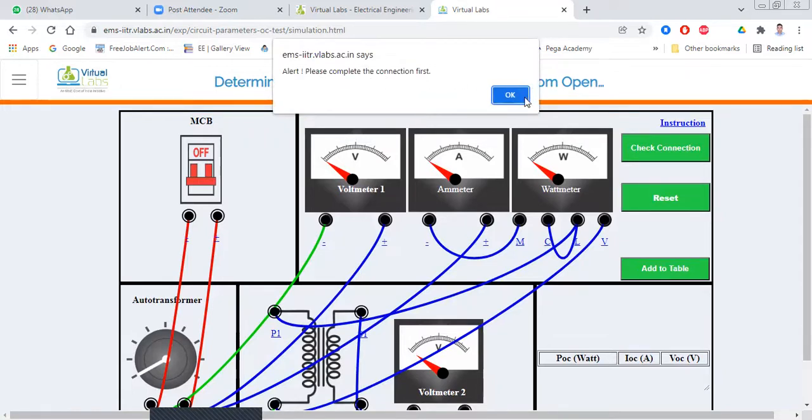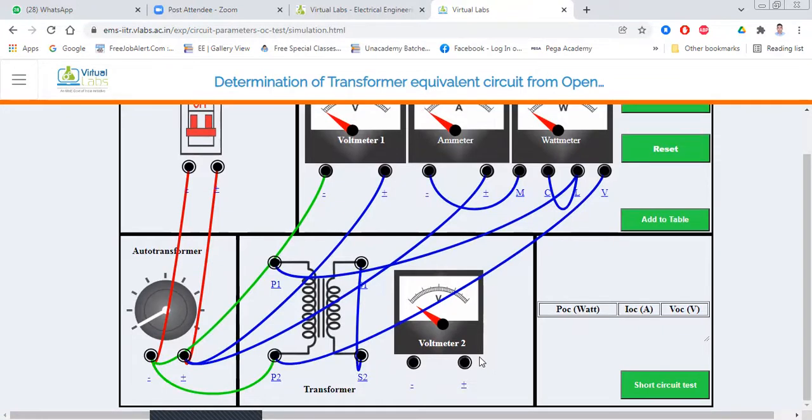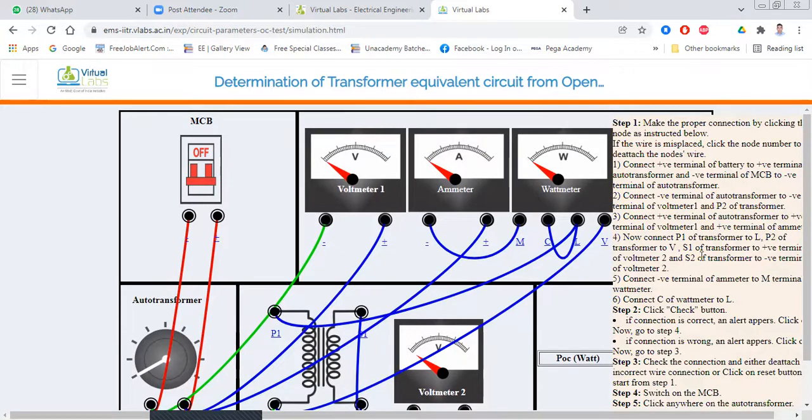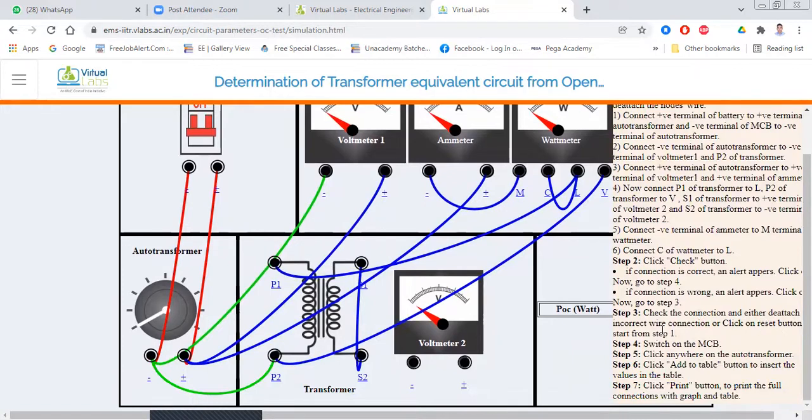Please complete the connection first. You already connected. Please wait for 1 minute.